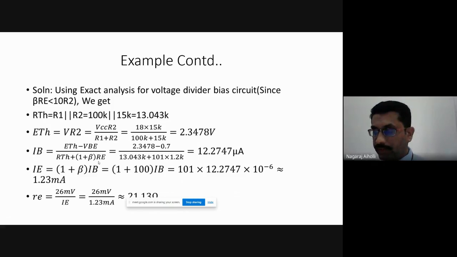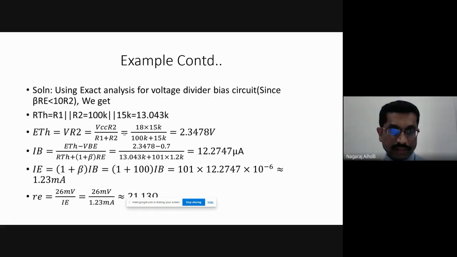Substituting, we get ETH minus IB RTH minus VBE minus beta plus 1 into IB RE equals 0. Taking IB common and simplifying, IB is equal to ETH minus VBE divided by RTH plus 1 plus beta into RE.